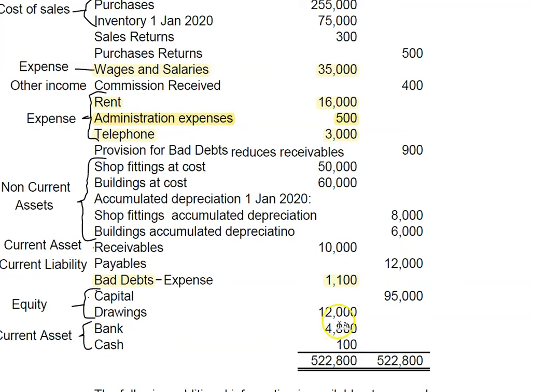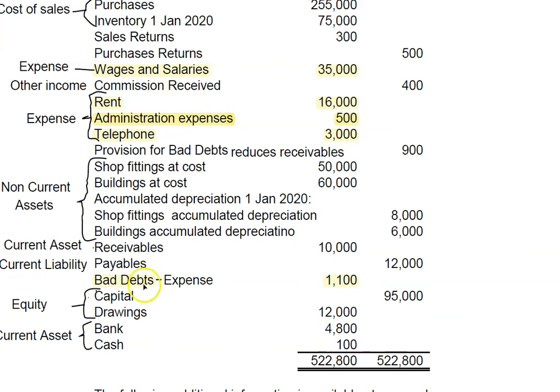These are equity items, and current assets, bank and cash are on the left-hand side. They're assets. If that 4,800 was on the right-hand side, it would be a bank overdraft, and you'd show it in your current liabilities. But when it's on the left-hand side, because bank can either be an asset or a liability, depending on if you've overdrawn your account or not. So once the bank's on the left, it's an asset. If it just said bank on the right, it would be a current liability.